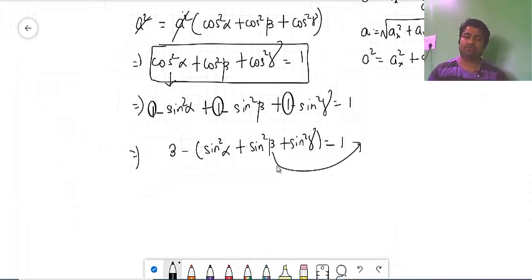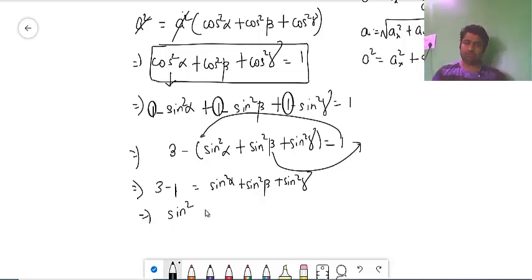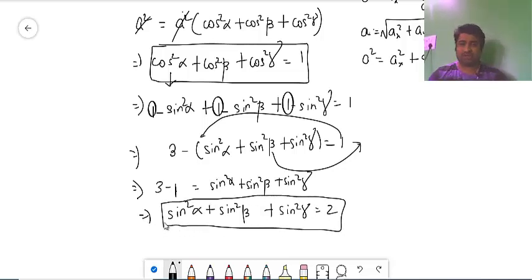If I bring this one here, it will become positive, and 3 minus 1 will come here, it will be like this. So ultimately you are getting sin square alpha plus sin square beta plus sin square gamma equals to 2. So these two equations are important.